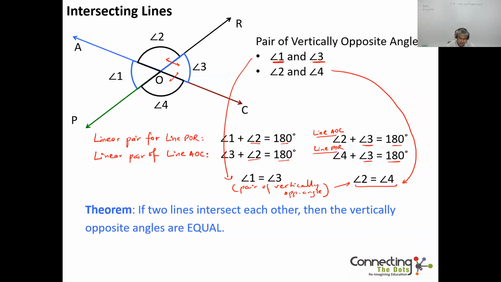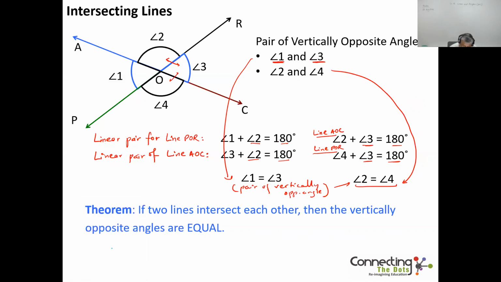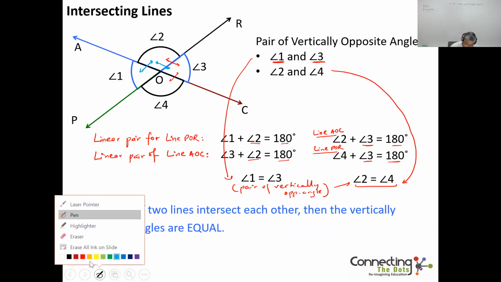First time, I took these two angles, 1 and 2, and 3 and 2. And the second time, we took the red dot arrows. And we could simply prove that they are equal.